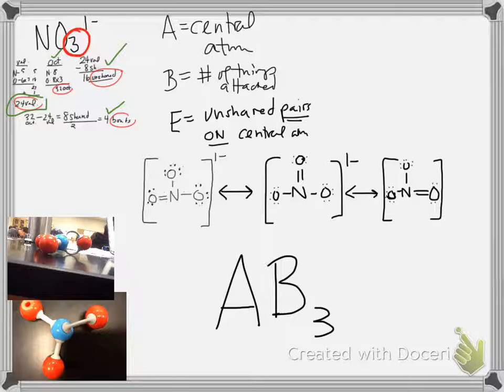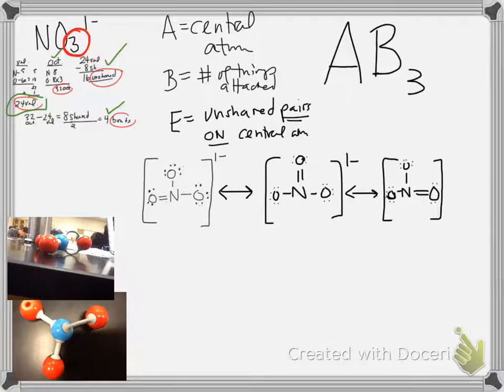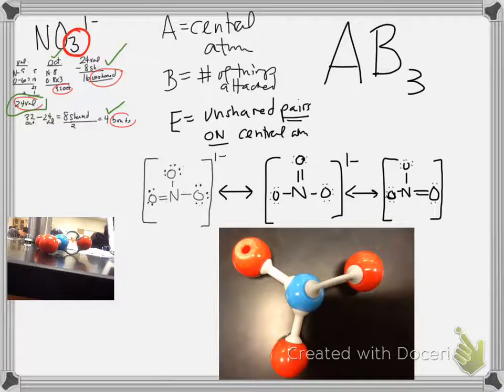Look at the thing that you have in front of you. And I'm going to shrink this and put this up here. What shape does that look like? I'm going to draw it right on top of it. Sure looks like a triangle to me. And I had a few people who came up with trigonal but weren't sure what came next. So what is a plane?